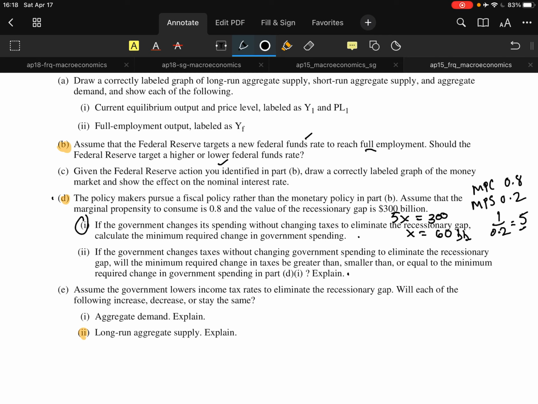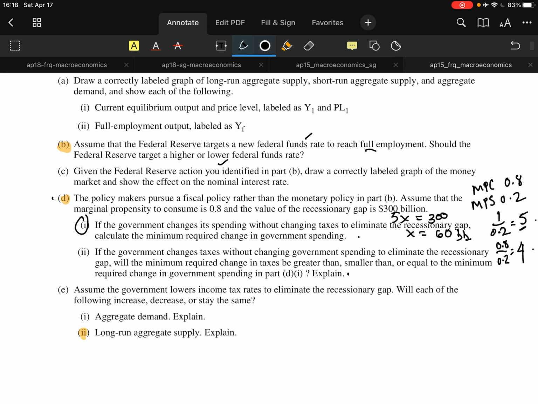In this case we know that the spending multiplier is 5, so the tax multiplier is 4: negative MPC over MPS, so 0.8 over 0.2 equals 4.